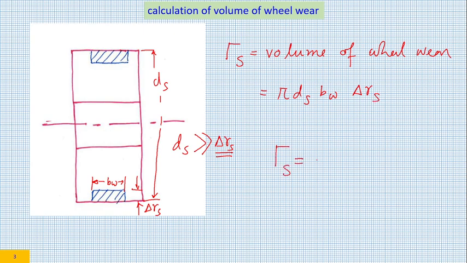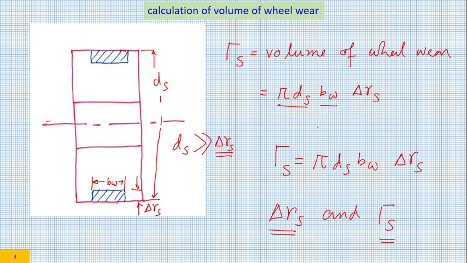So this can characterize the total wheel wear. Total wheel wear can be characterized by two things. One is how much is your radial wheel wear, and along with that how much is your volume of wheel wear. So this is very important, that how you calculate this. It is nothing but pi ds, which is the length of the circumference, into BW.